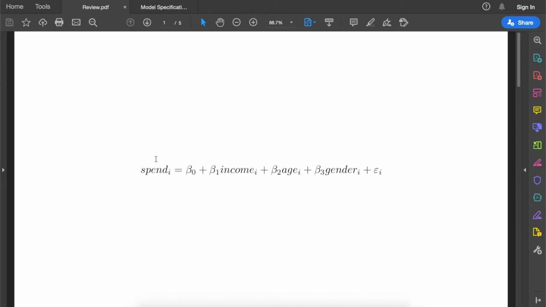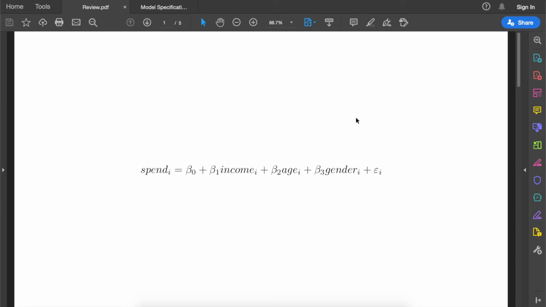Okay, so for males, the intercept is beta naught. For females, the intercept is beta naught plus beta 3. The difference between those two is just beta 3, which means whatever we get for beta 3, that's going to be the difference in SOTA expenditures between males and females.